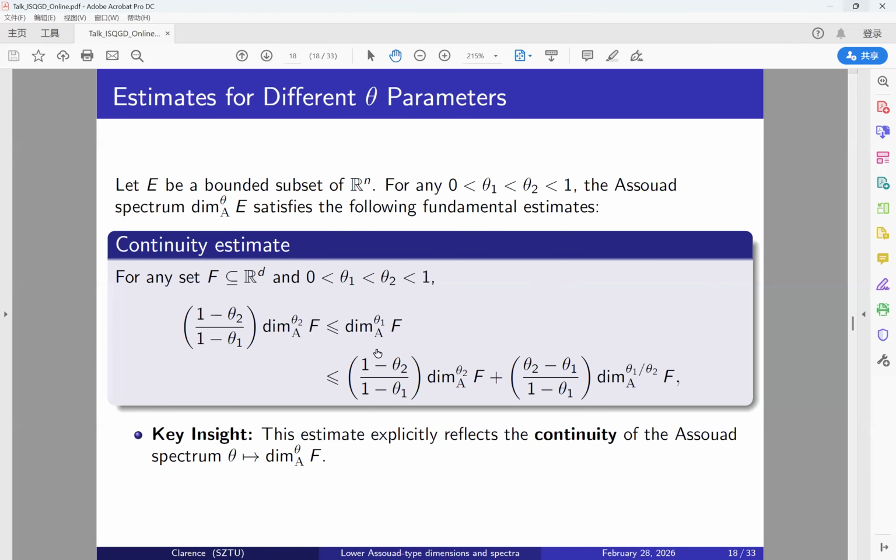These estimates say that if we erase the 1 minus theta 1 and put them into this region, then the shape of 1 minus theta times the Assouad spectrum with respect to theta is a continuous, monotonic and Lipschitz function. And this estimate reflects the continuity of the Assouad spectrum and gives something more than the Assouad spectrum itself.